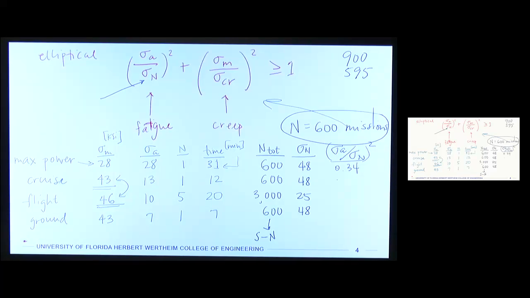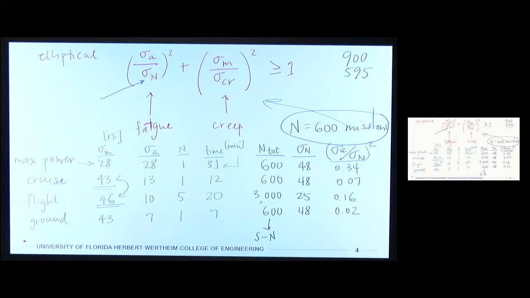I got 0.07. Okay, and then 10 divided by 25, 0.16. And 7 divided by 48. This one's going to be very, very low. 0.02.